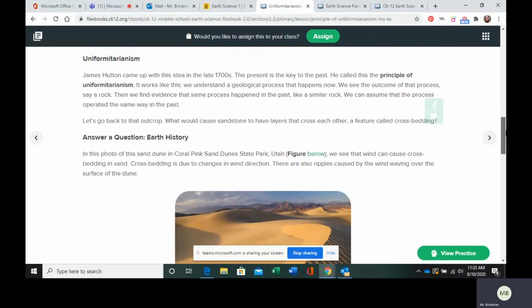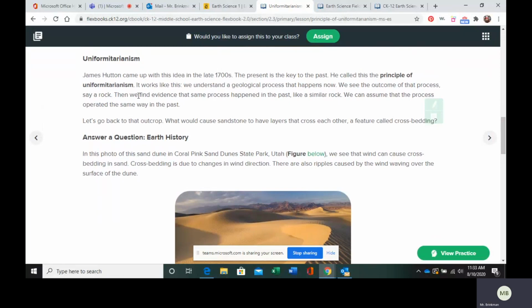Now, the concept of uniformitarianism, James Hutton came up with this concept in the late 1700s. So the key saying is the present is the key to the past. So this is called the principle of uniformitarianism.